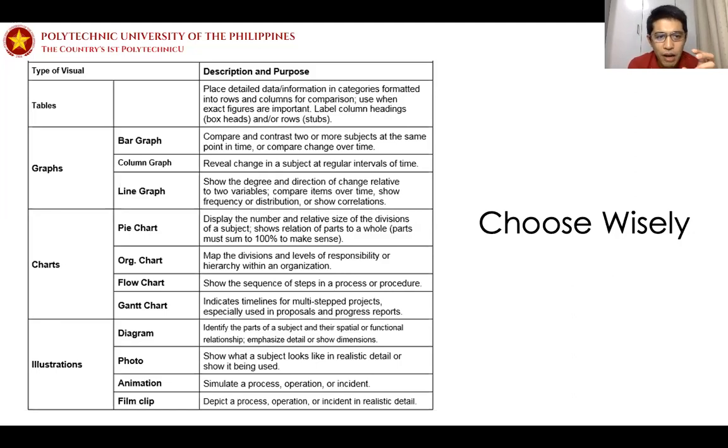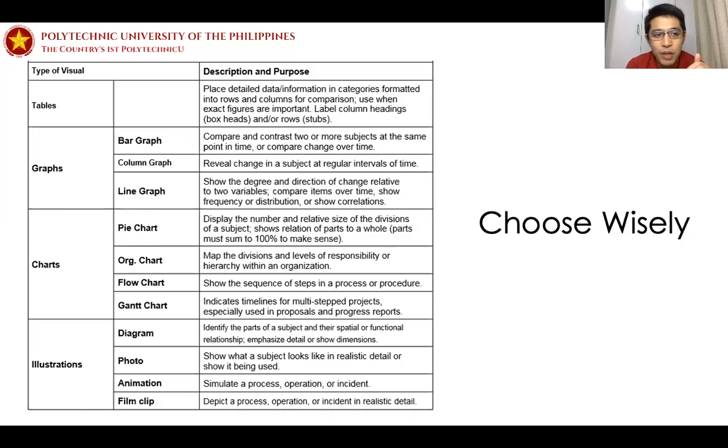We can use bar graph if we would like to show comparison and contrast between and among subjects. We can use column graph if we want to reveal change in the subject at regular intervals over a particular time.